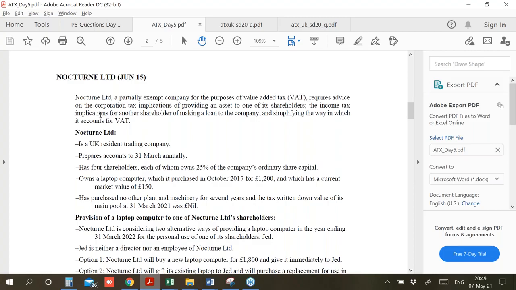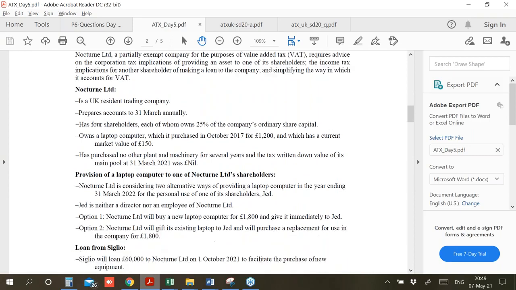That's fine. Provision of a computer to one of Nocturne Limited's shareholders: Nocturne Limited is considering 2 alternative ways of providing a computer this year to one of its shareholders, Jed. Jed is neither a director nor an employee of Nocturne Limited.